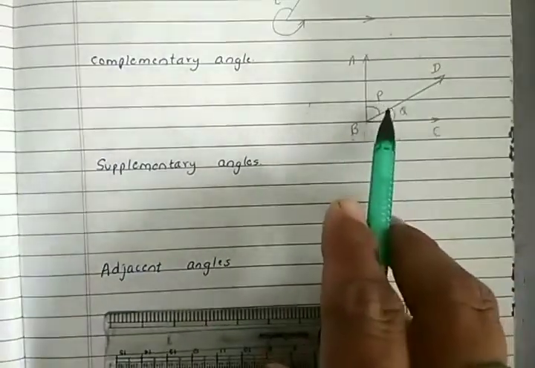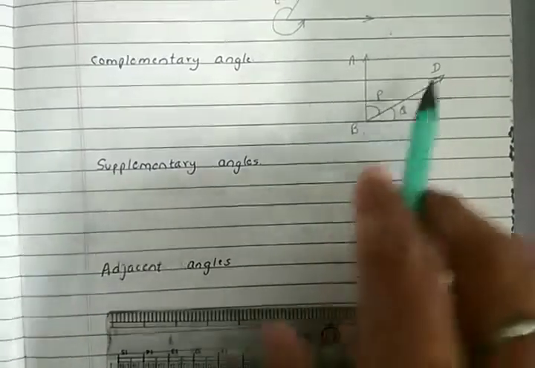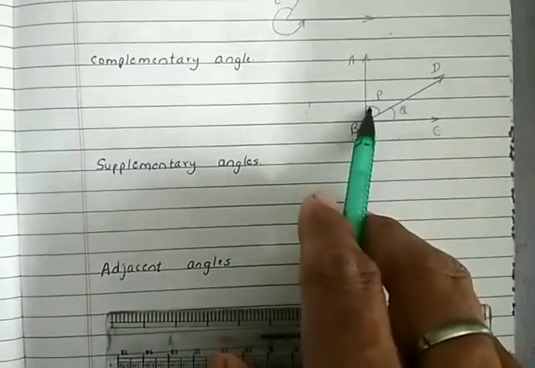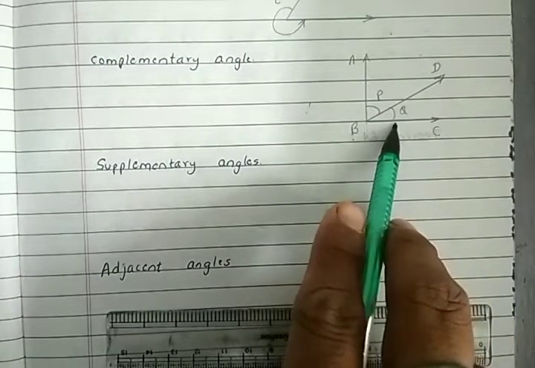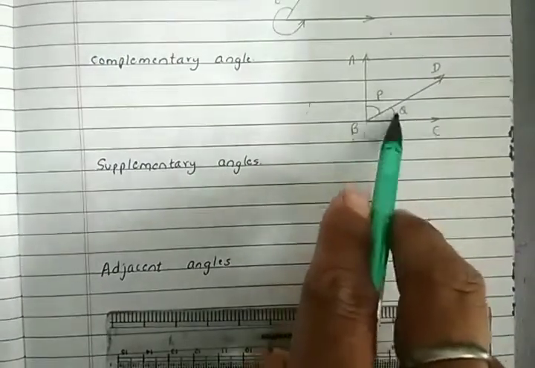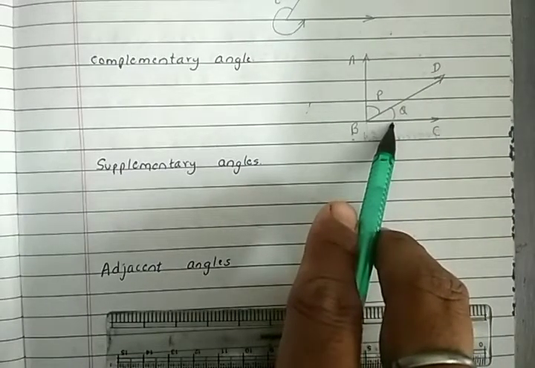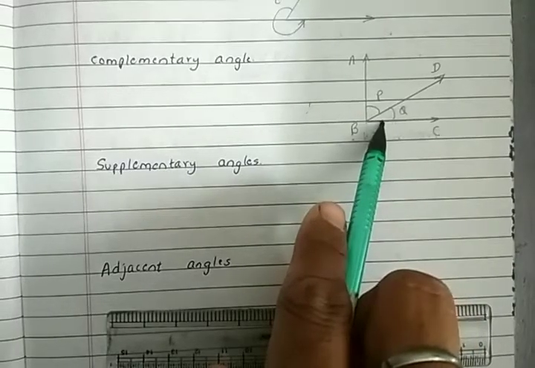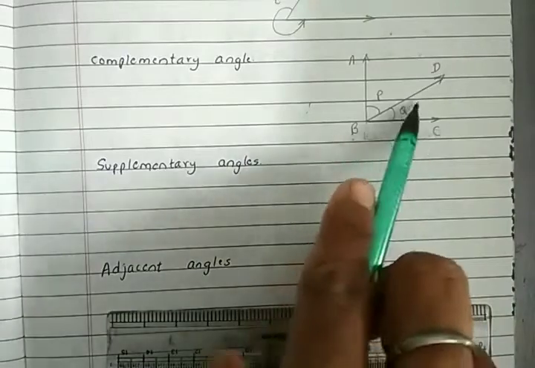Now if you see this figure, angle ABD is P degrees and angle DBC is Q degrees. Now if you add, this will give you a total of 90 degrees. So complementary angles are two angles whose sum is 90 degrees.